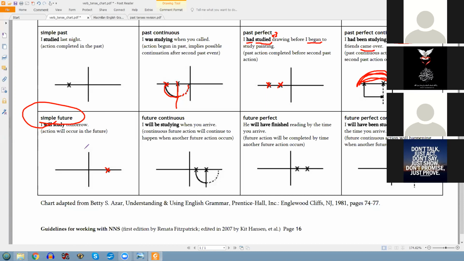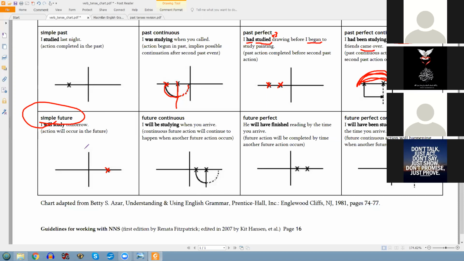What do we use that for? Well, again, it's pretty easy. It's what you anticipate, some continuous future action. I will be studying, the patient will be taking, the patient will be seeing.